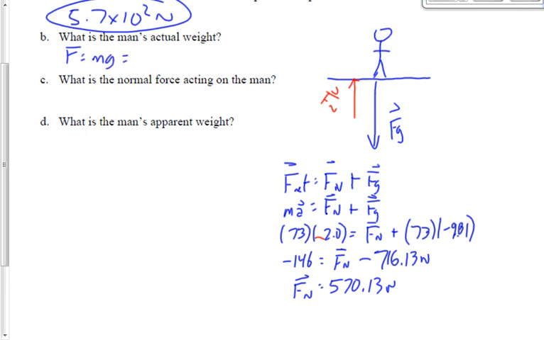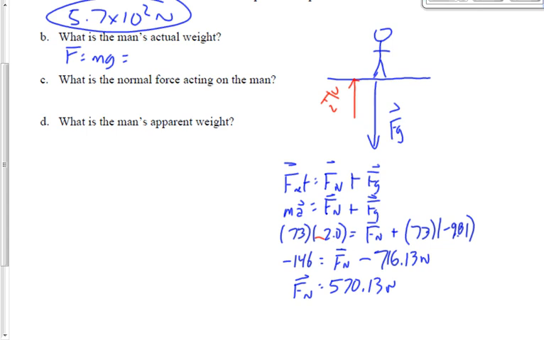Now, please, when you see this question on your unit test or your final exam, and I promise you, you'll see it in one of the 2 places, the unit test or the final exam. What's the weight of somebody? It is not 73 kilograms. That's the mass.